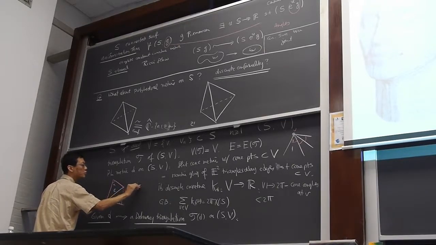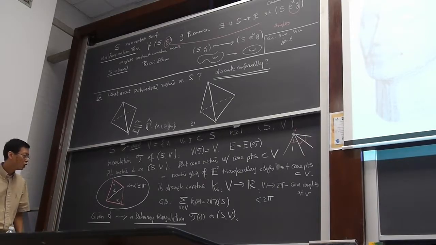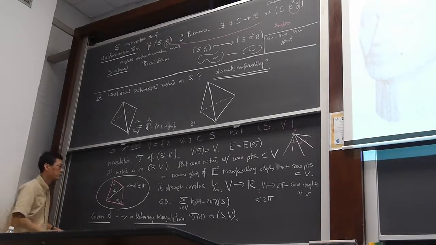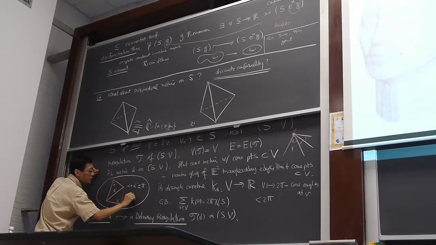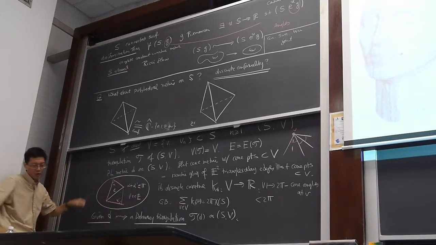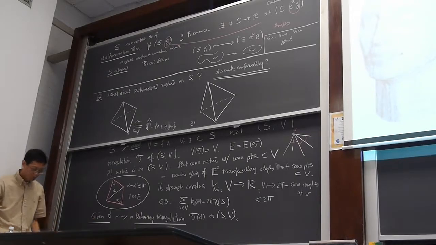The sum is at most pi. So that's the formal definition of Delaunay triangulation. This opposite sum of angles being at most pi is the Delaunay condition for every edge. And it turns out this exists for every flat metric.